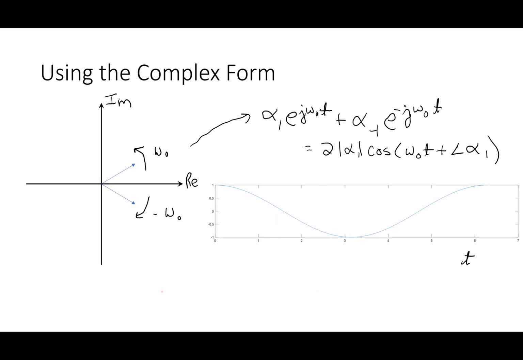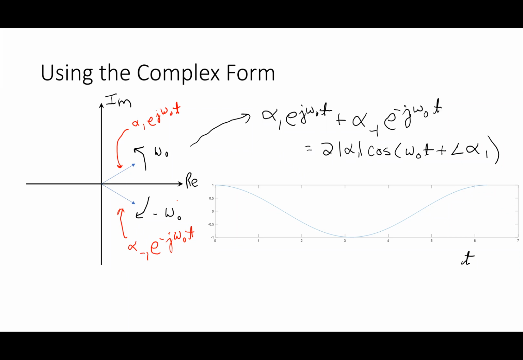Basically, let's say this guy right here is alpha 1 e to the j omega naught t. And this guy right here is alpha minus 1 e to the negative j omega naught t. I have drawn these in the real imaginary plane, the complex plane.